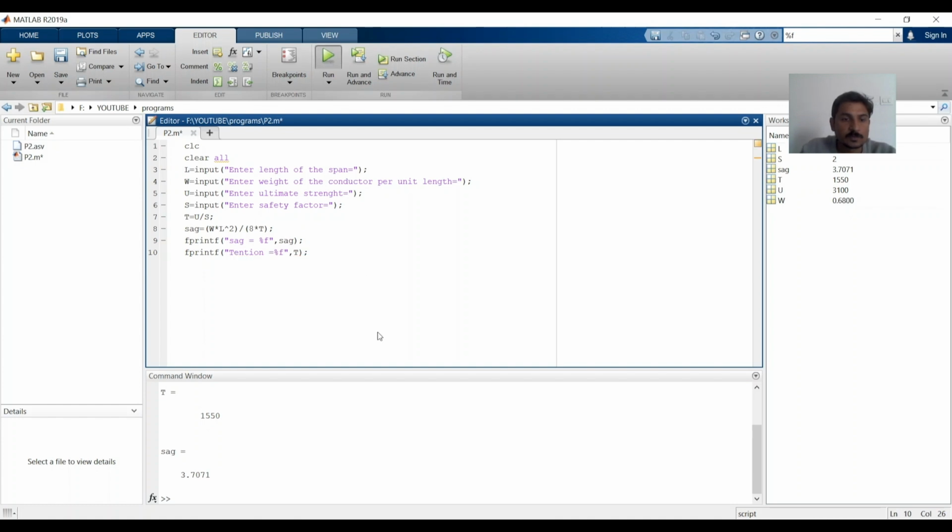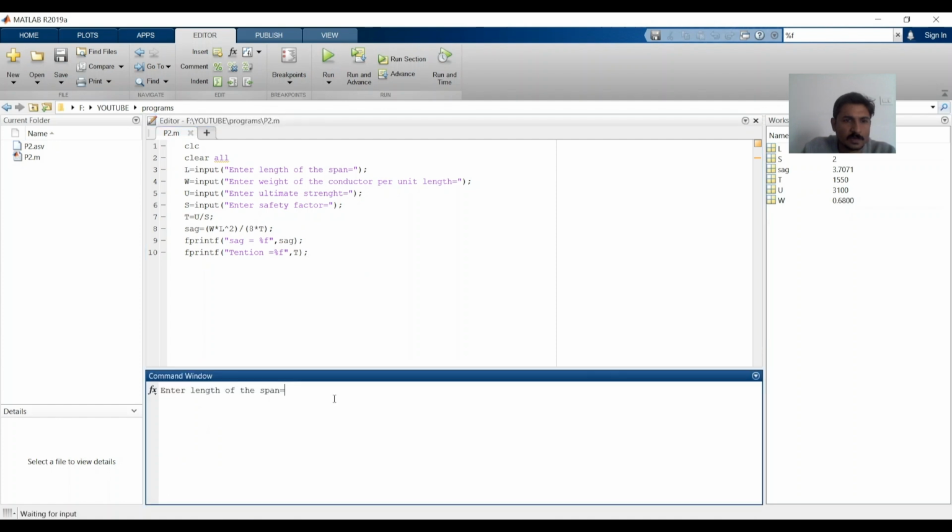If we run this program again, in the command window we enter the length of the span as 260 meters, weight per unit length as 0.68, ultimate strength as 3100 kg, and safety factor as 2. Here we can see the sag is 3.7079 and tension is 1550 kg, and it is coming on a single line, but we need it on separate lines.